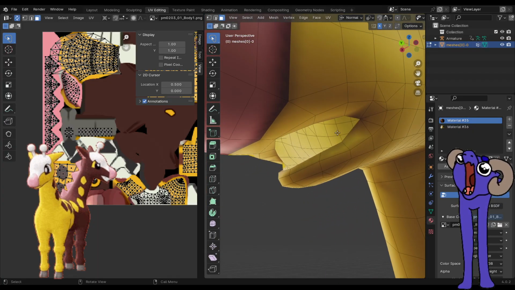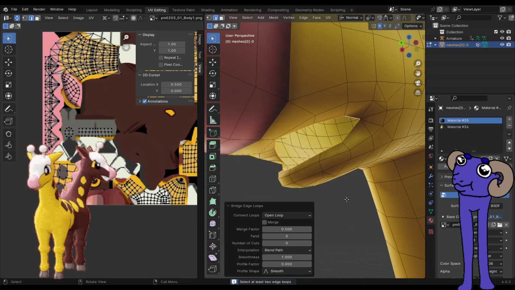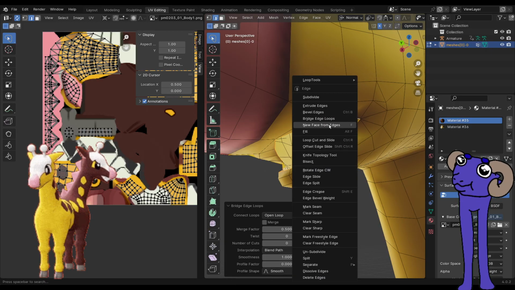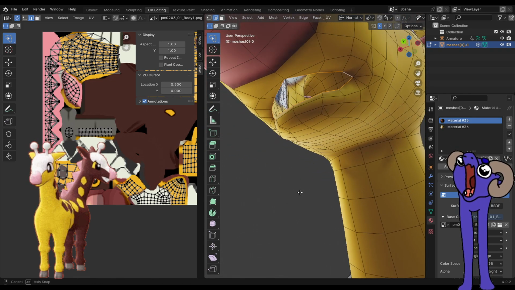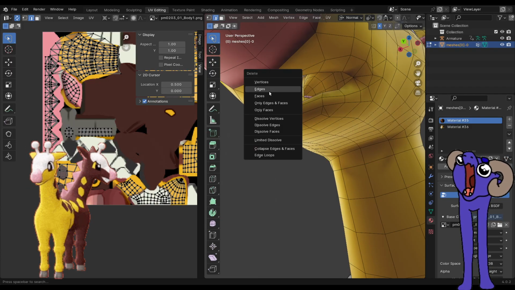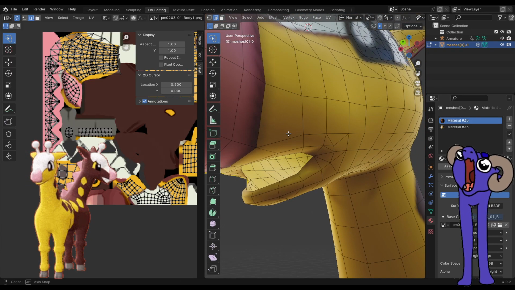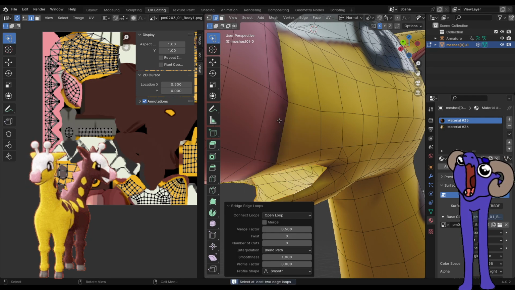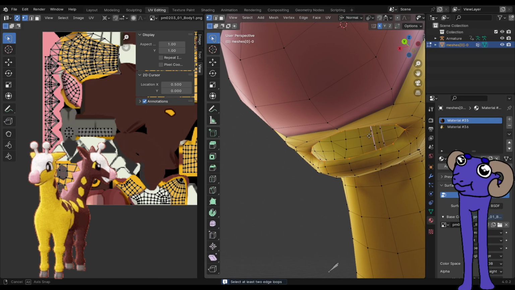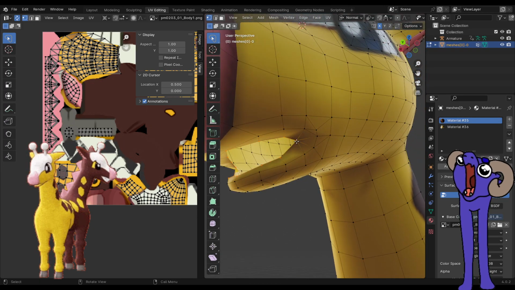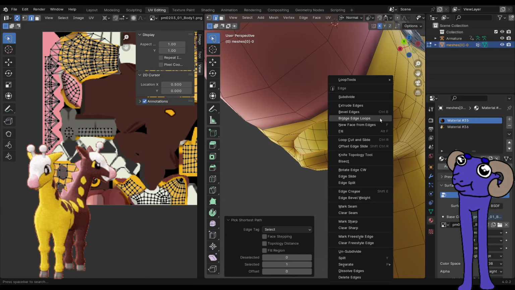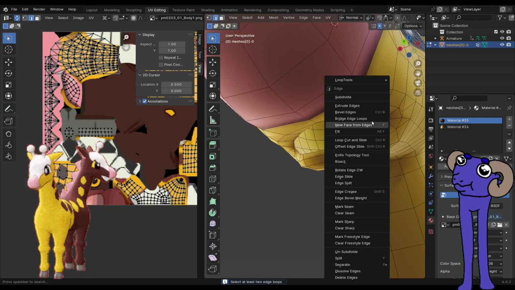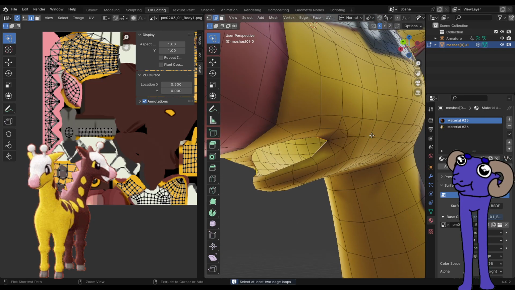There is not. These edge loops? New face from edges. That'll work. Is that a random edge just floating there? Get rid of that. Stop being so edgy. Can I bridge edge loops now? No? Very strange. Do I just have to do it like this?